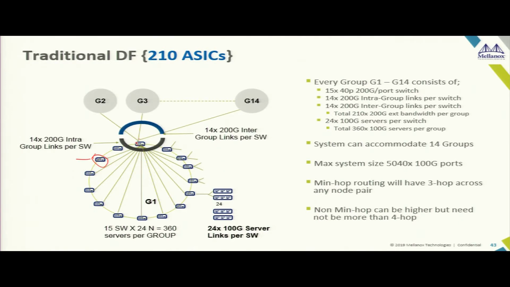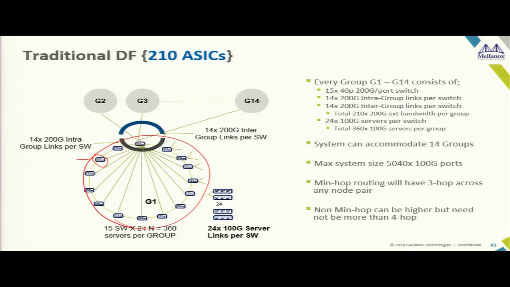And then there will be some ports left for doing intergroup connectivity as well. So it's like all-connect mesh, and imagine multiple of these circles superimposed on each other with an all-connect architecture. So that's a Dragonfly network. What are the shortcomings? What are the advantages? Well, the advantage is it has got good connectivity within the group.